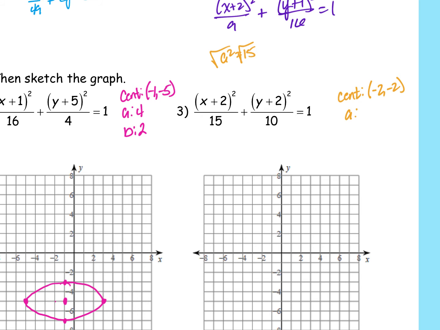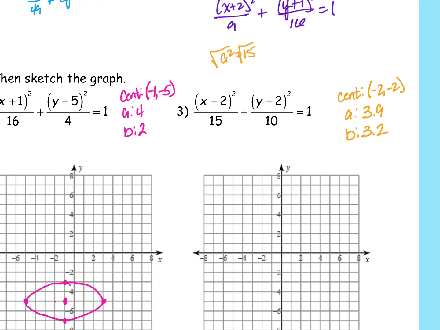Square root of 15 is 3.9. And B, I'm going to do the square root of 10, which should be 3.1-ish. Oh, 3.2. When I round it to 1 decimal place, it's 3.2.